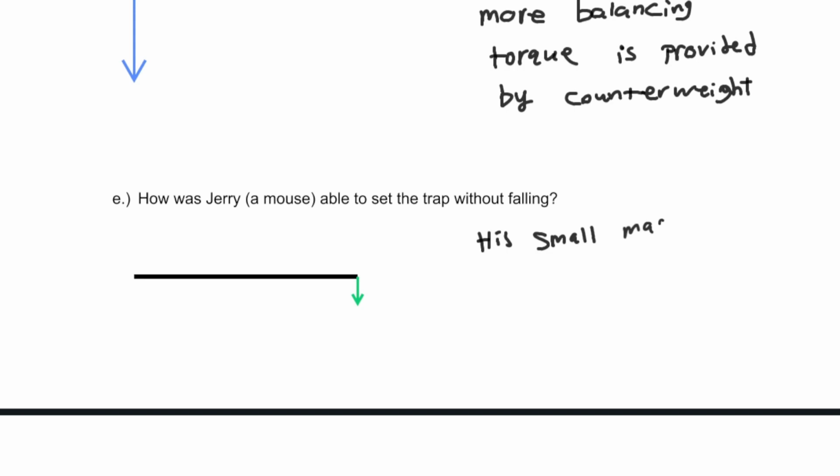His small mass did not generate enough torque to tip the beam. And that's another thing we could ask: what is the maximum mass Jerry could be to set this by walking on it without generating enough torque to tip the beam?